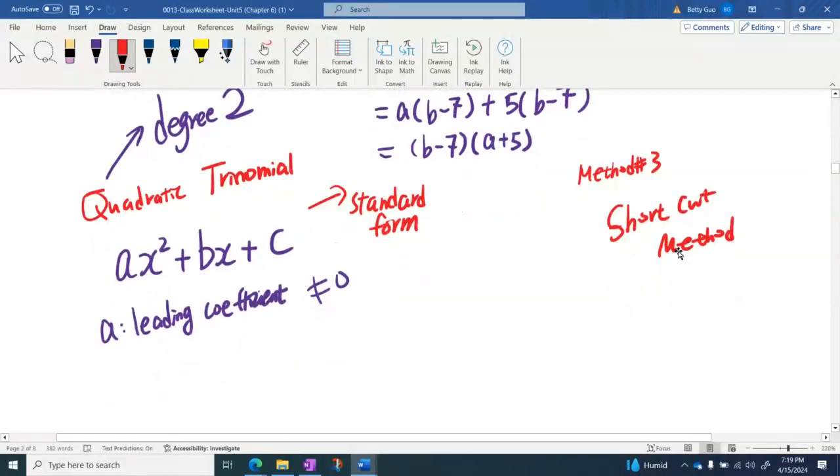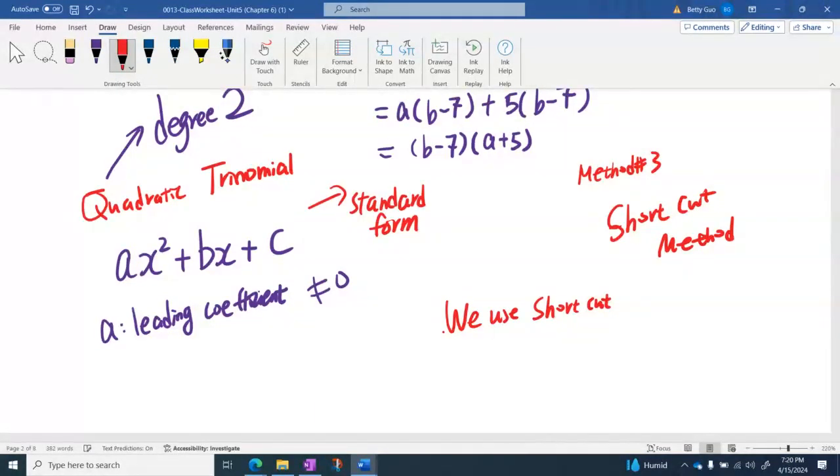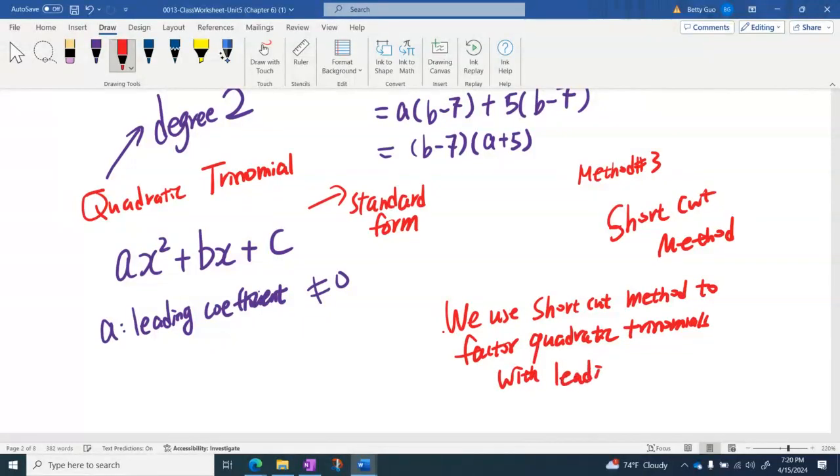And the shortcut method. When do we use this method? We use it to factor a quadratic trinomial with a leading coefficient of 1. Let me write it down. We use the shortcut technique or method to factor quadratic trinomials with leading coefficient equals 1.